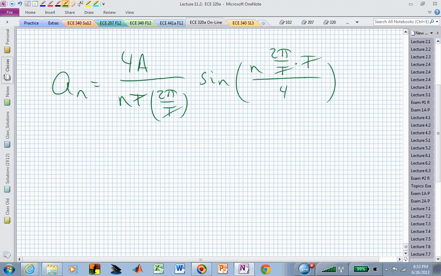And some of the 2's cancel. A sub n now becomes 2a over n pi, a being the amplitude of our pulse train, sine of n pi over 2.